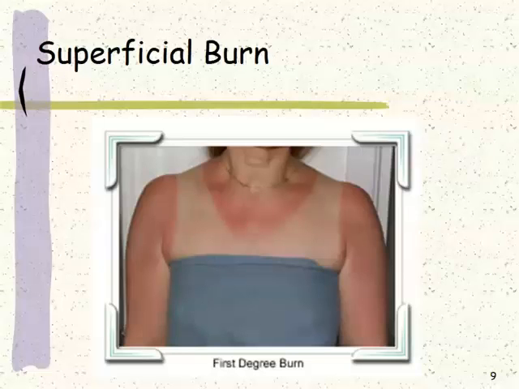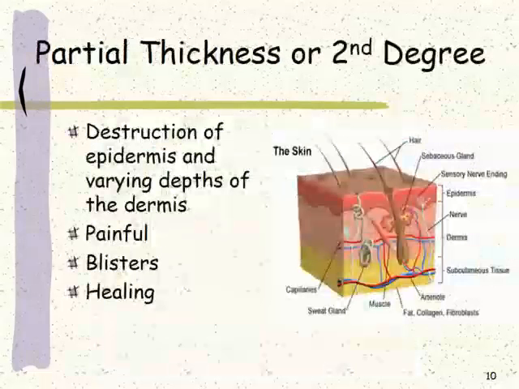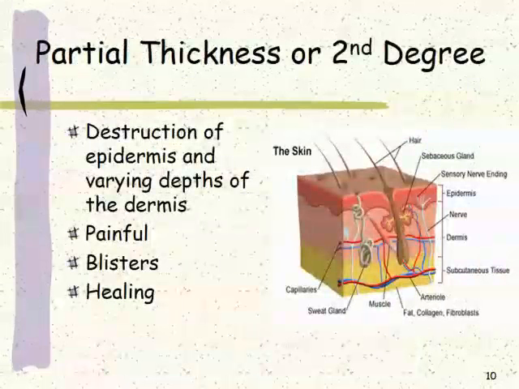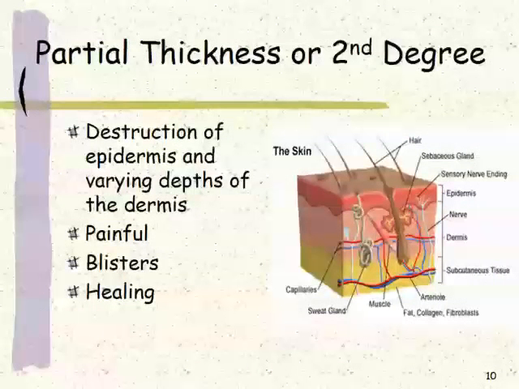Partial thickness or second degree burns have destruction of the epidermis and varying levels of the dermis also. They're typically very painful. Blister formation is very common, and healing takes a little bit longer, usually 2 to 4 weeks to heal a second degree burn. The skin usually is quite red.